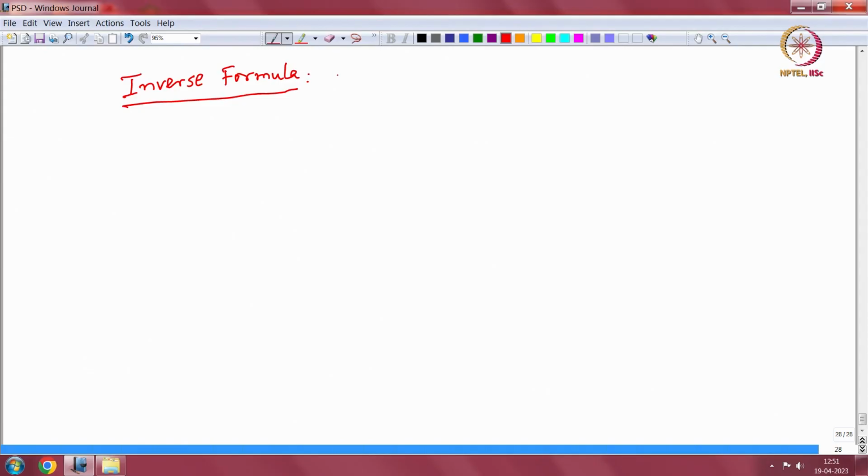So, suppose f and f cap both are in L1. As such I can take the Fourier transform of f cap, and do I get my f back? Let me just state that inverse formula.